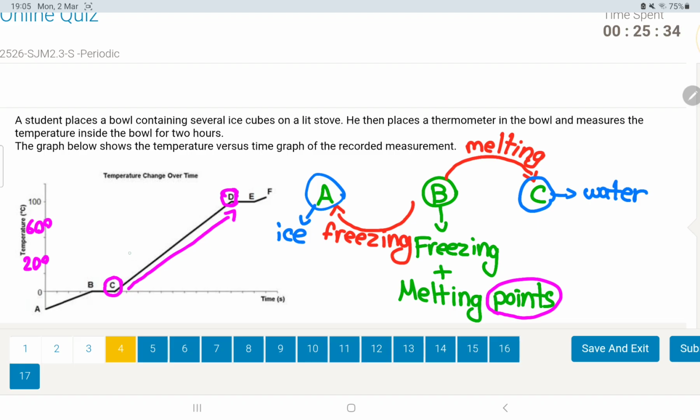No. So C to D, what do you expect there to be? Liquid water only. Only until D will something start boiling. So D here, which is 100 degrees Celsius, is the boiling point.